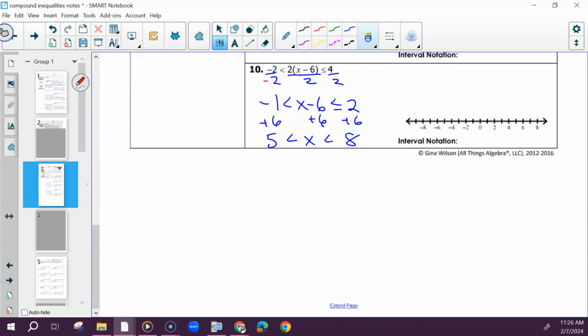If I were to divide by a negative, and I have positive 1, which is greater than x minus 6, this would be negative. And then you would keep going. 1 greater than x minus 6.